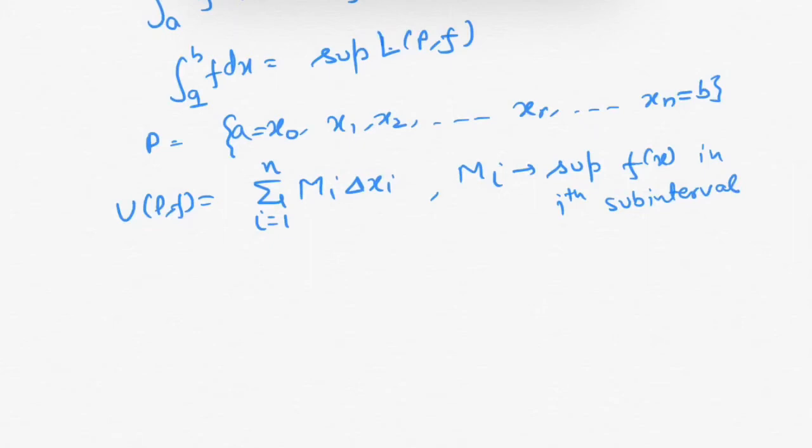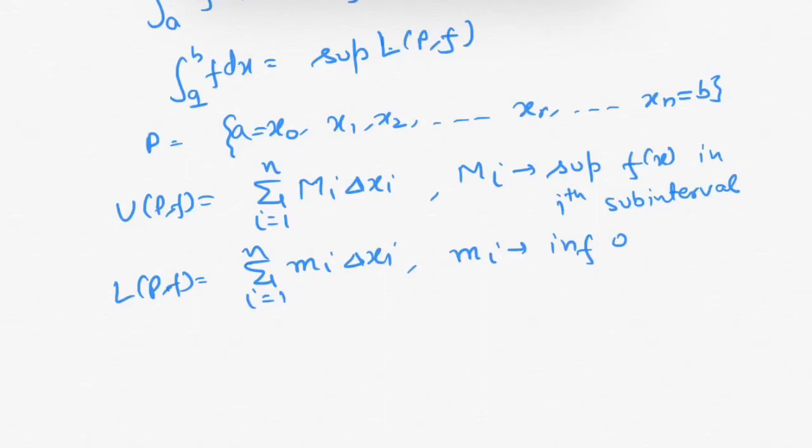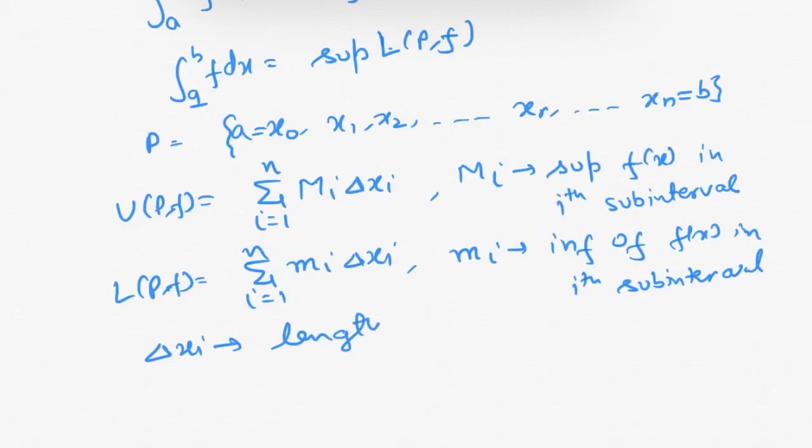And the lower Riemann sum L(P, f) will be the summation of small mi delta xi, where i is running from 1 to n, and this small mi is the infimum of the function f(x) in the ith subinterval. And this delta xi is the length of the ith subinterval.